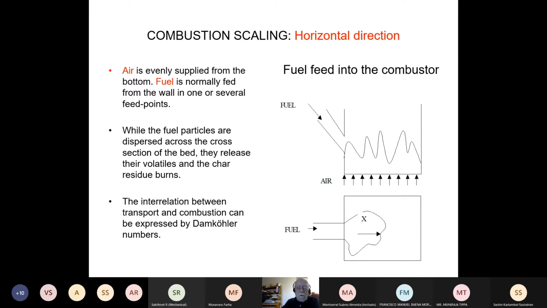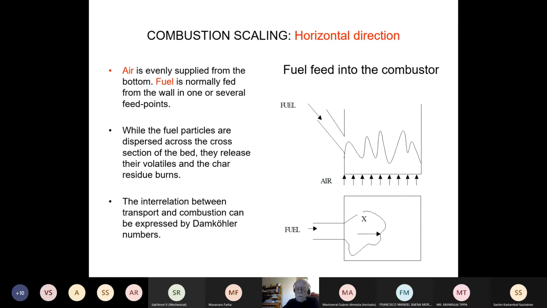The problem that we have mentioned many times is that when the fuel is added from the side, it has to be spread across the cross section, and the only remedy that you could have is to have several feed points.